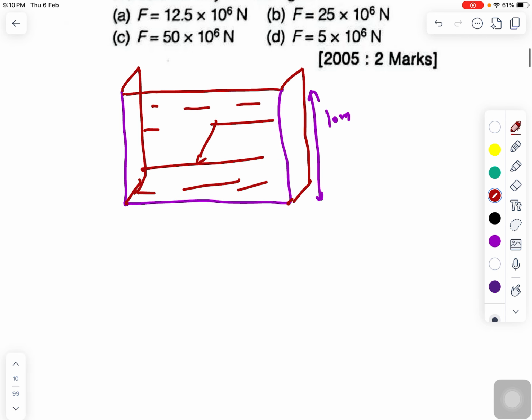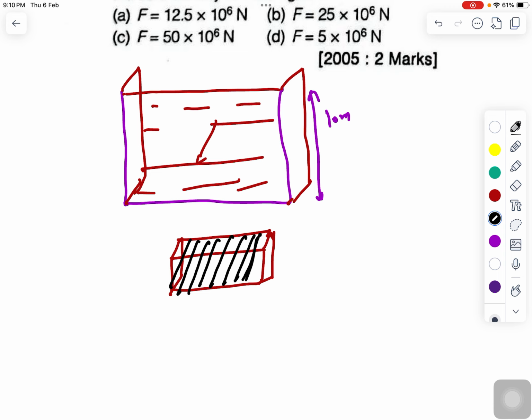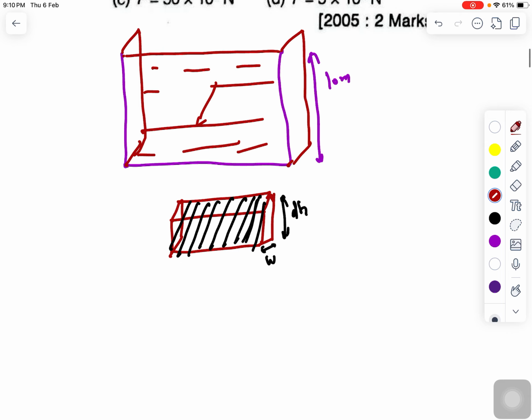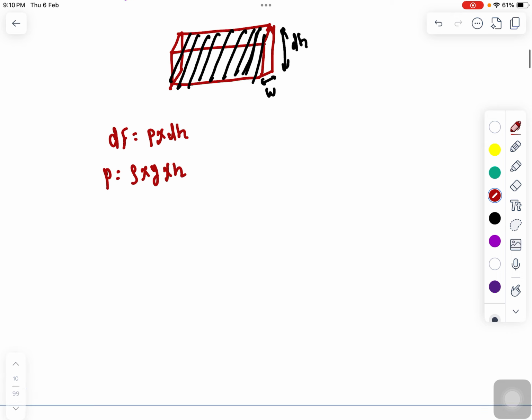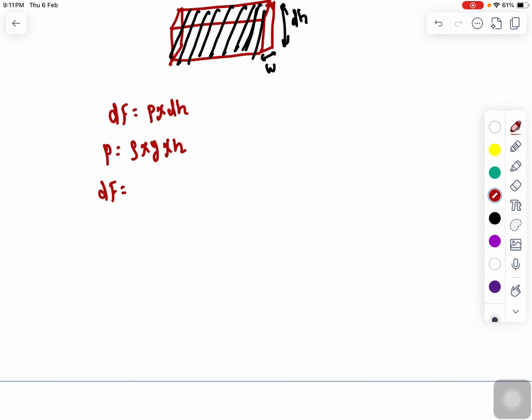If I take any cross-sectional area element of this particular dam, having height dh and width w, what is dF? dF equals pressure multiplied by the area, and pressure is rho times g times h, right?